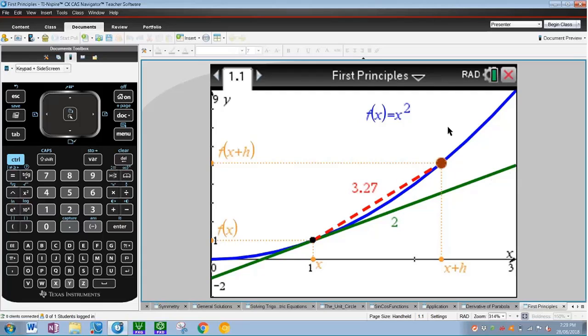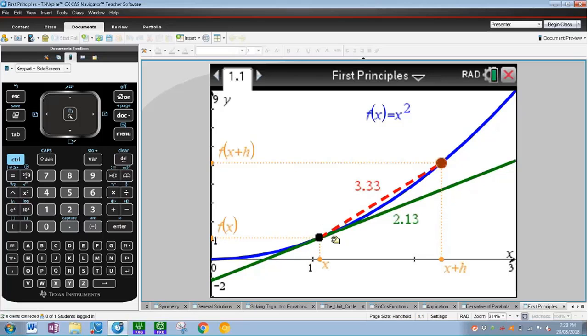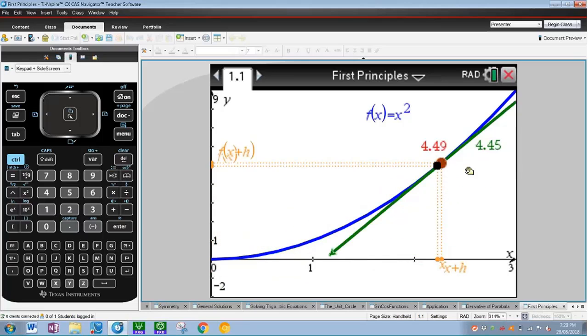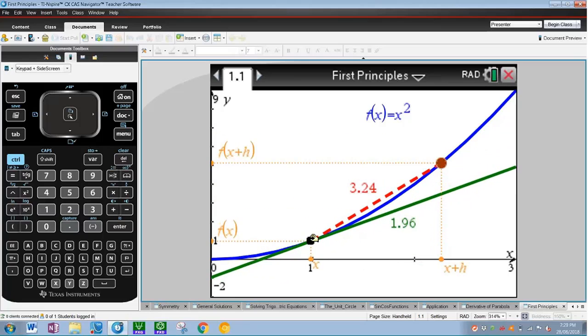So again, I've got y equals x squared, and on here, I've got the black point there. Now you can actually make that black point anywhere you want along this parabola. So for example, let's just make it at x equals 1. So at x equals 1, we know that the gradient of x squared at x equals 1 is equal to 2, because that's the gradient of the tangent.